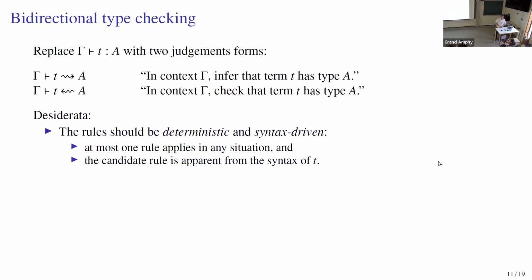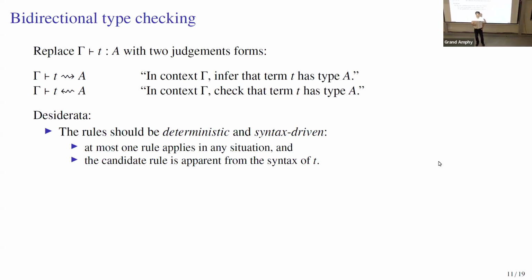But not in any arbitrary way. We want to do this in a particular way because we are looking for an algorithm. So the rules should be deterministic. What does that mean? That in any situation at hand, at most one rule applies. You never want to be in a situation where several rules could apply, because then you will have to try all of them, and if one doesn't work, you'll have to try another, and you will do backtracking, exponential blah blah blah. Not good. Not only do we want them deterministic, we want it to be easy to tell which rule to use.